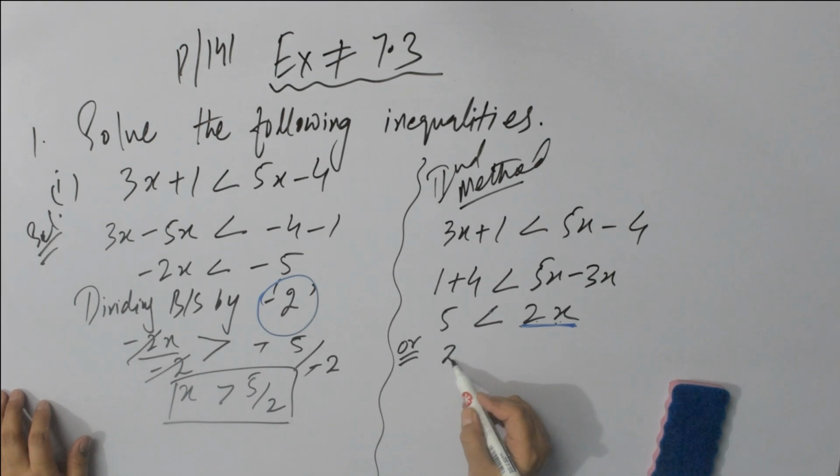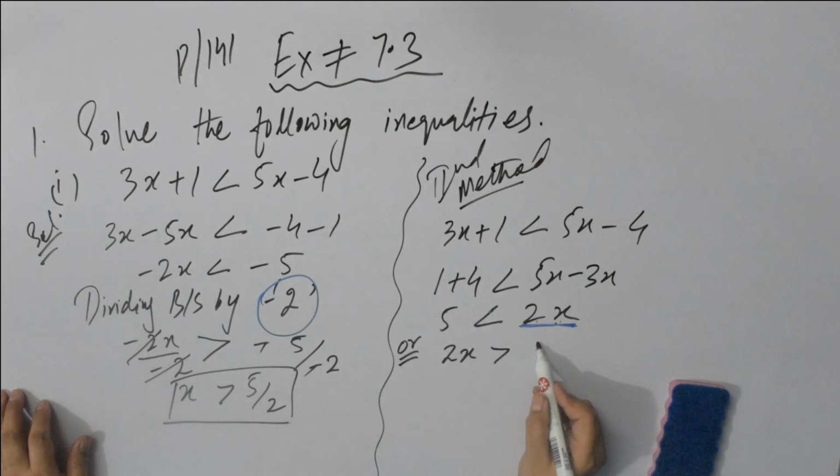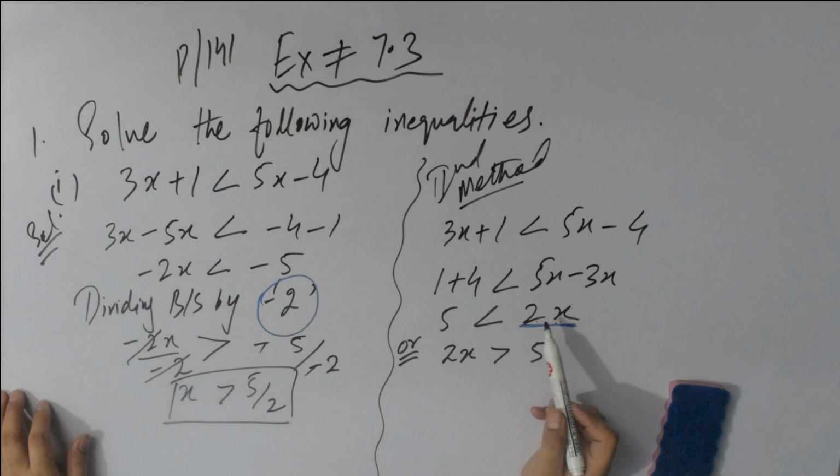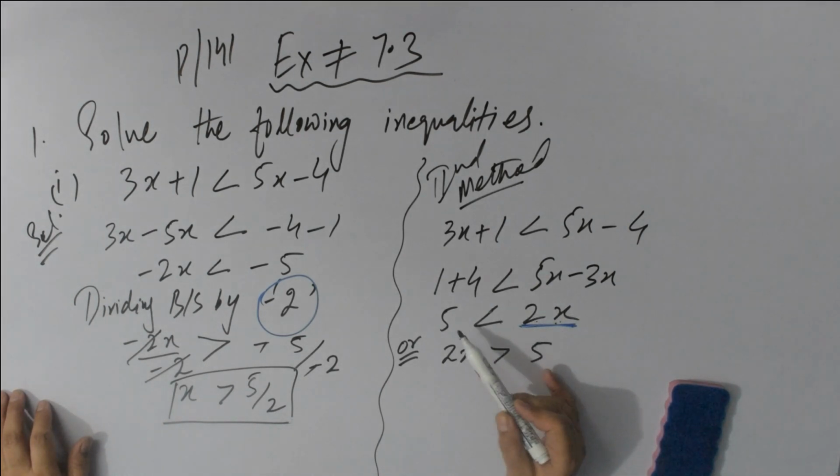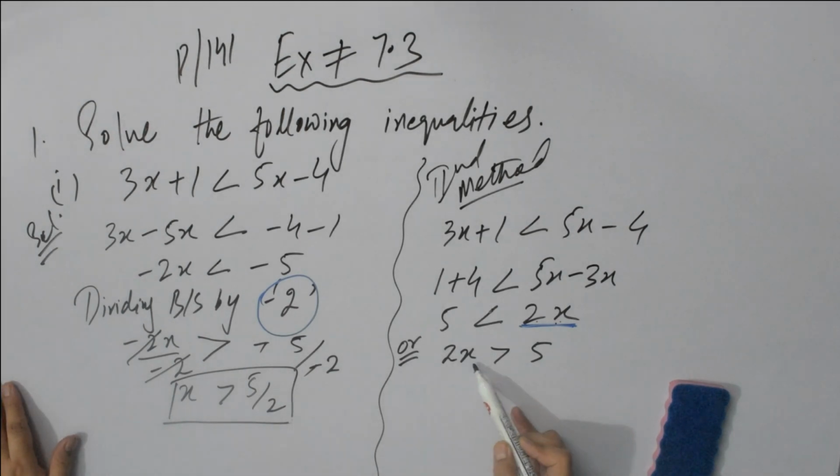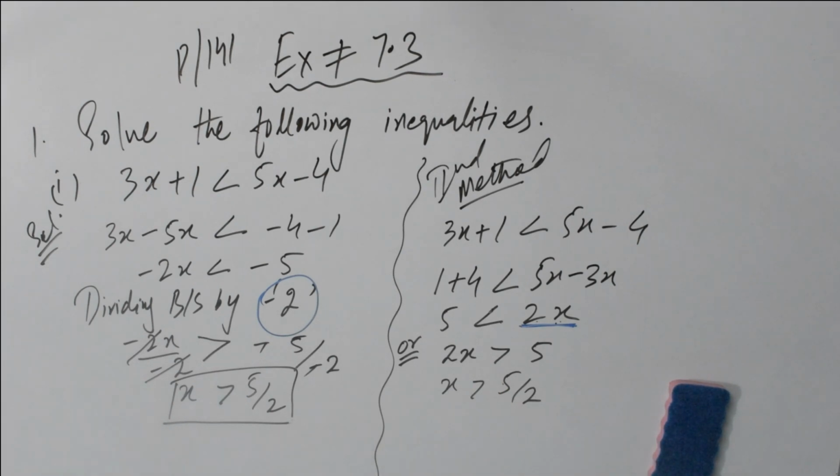So I am writing here 2x is greater than 5. I have written 2x is greater than 5 and I want isolation of x, so x is greater than 5 by 2. Again you have to isolate x, or keep x free from any constant.